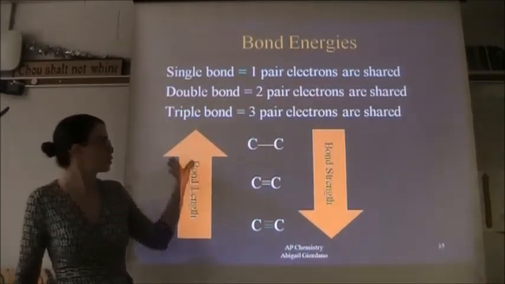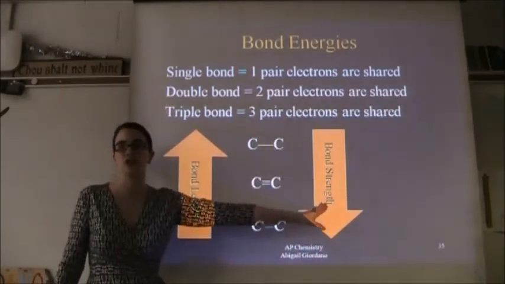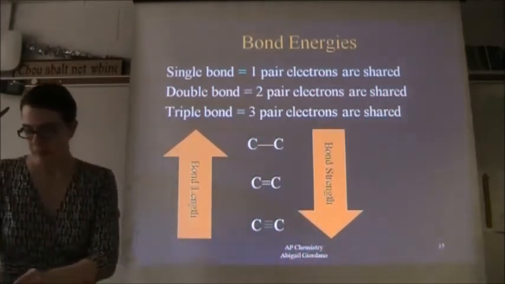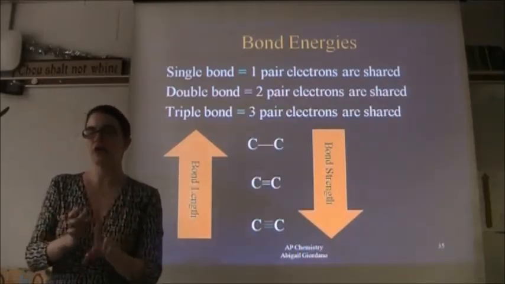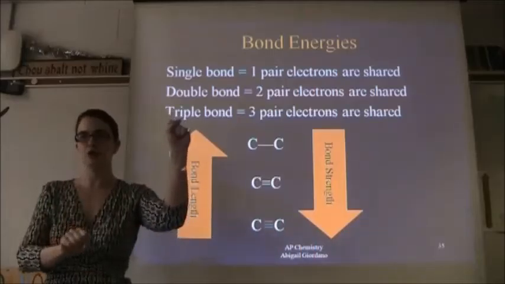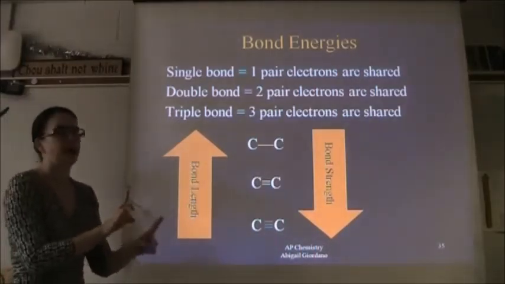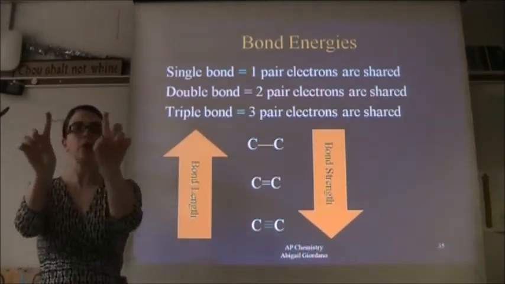And I need to make sure that you understand the relationship between length and strength. Here's my little demo. Okay, I want you to imagine that each of my hands is a carbon atom. Here's one, here's two. Okay? They're connected with a single bond. I'm going to use a rubber band.